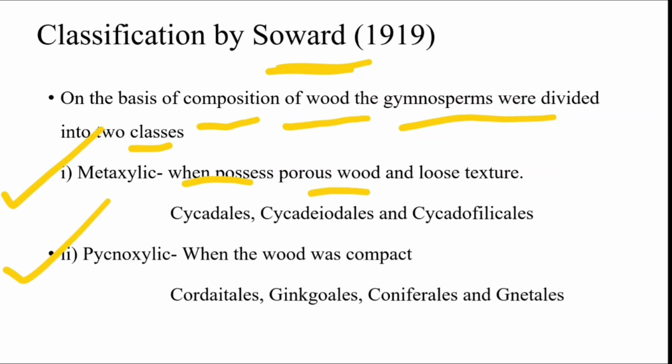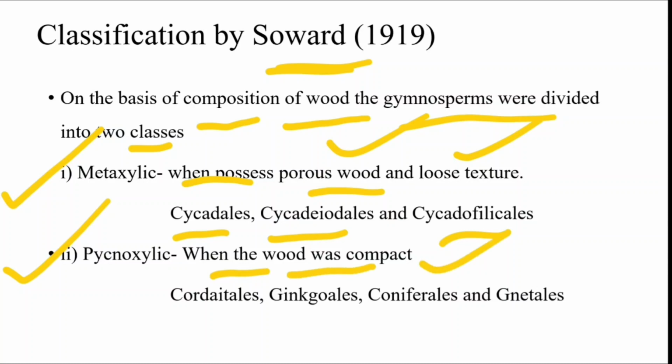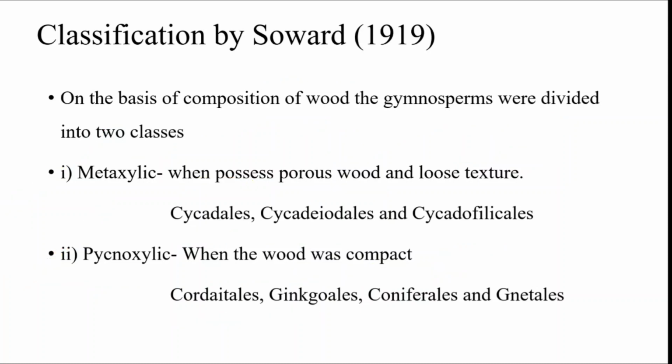Manoxylic plants possess porous wood with a loose structure, as in Cycadales, Cycadeoidales and Cycadofilicales. And pycnoxylic, when the wood is compact and non-porous; the orders having pycnoxylic wood are Cordaitales, Ginkgoales, Coniferales and Gnetales.